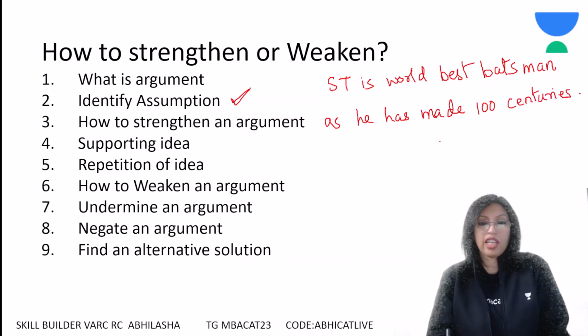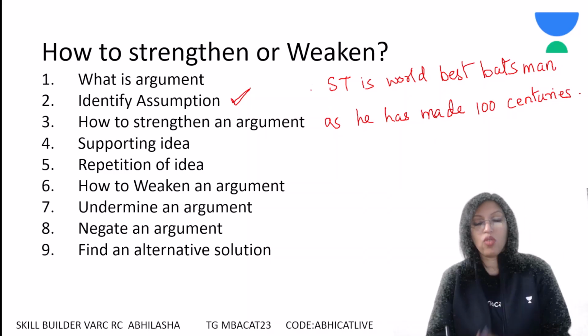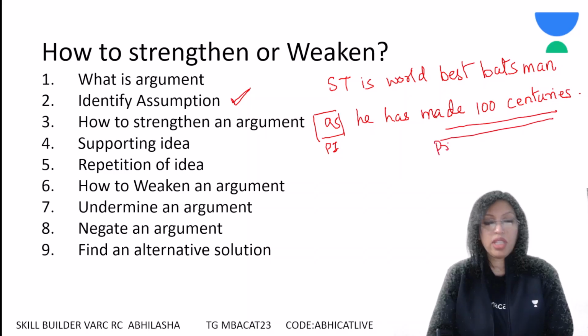Now here, this is an argument. This is what the author wants to tell you, that Sachin is the world's best batsman. The reason, I know because of this "as", it's a reason indicator or what I call a premise indicator. Therefore, the reason is that he has made 100 centuries. So this is my premise and this of course is my conclusion or the author's assertion.